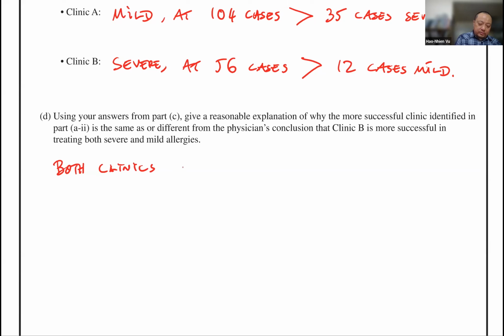Both clinics are better at treating mild allergies.